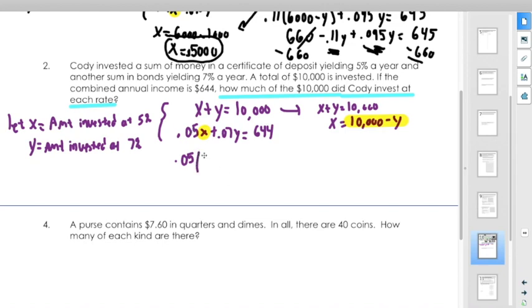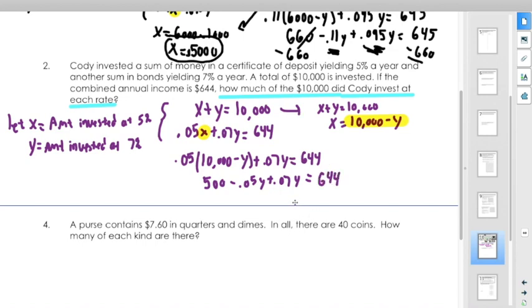0.05 times 10,000 minus y plus 0.07y equals 644. Okay. What is this going to be? It's going to be 500 minus 0.05y plus 0.07y equals 644.